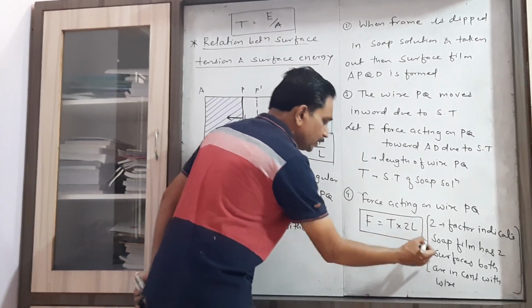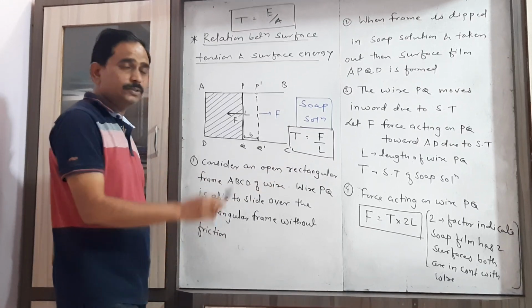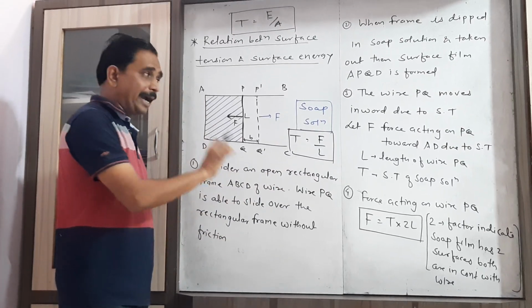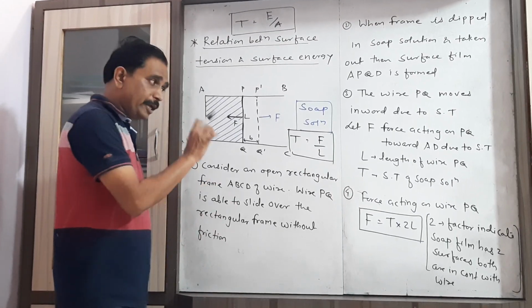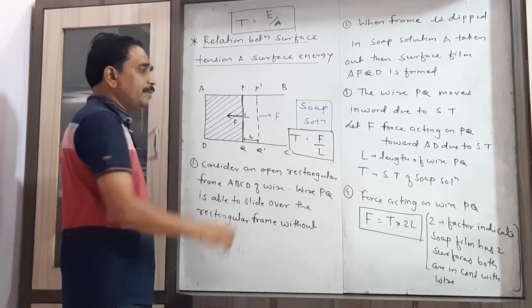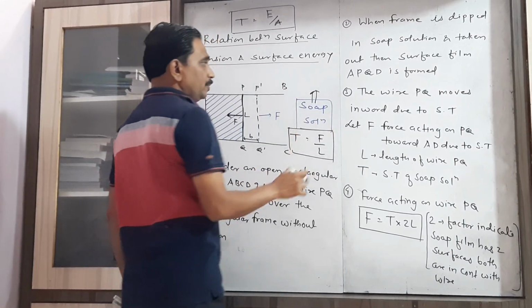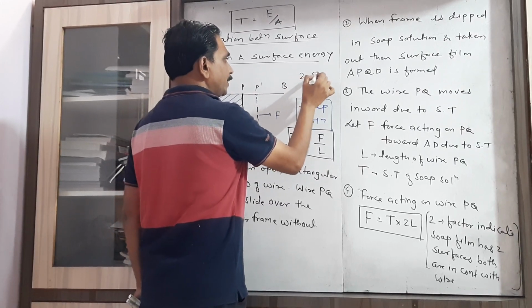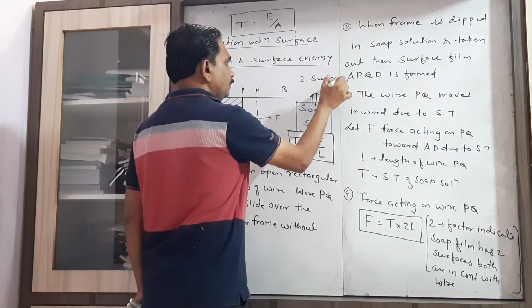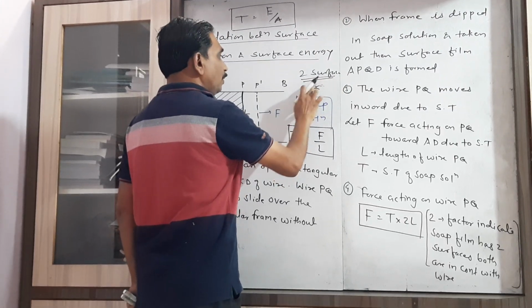and we write here F equal to T into twice L. So why is this factor of two written here? Because the soap film has two surfaces which are in contact with the wire PQ. Both surfaces of the soap solution, soap bubble or soap film, are in contact with that wire.